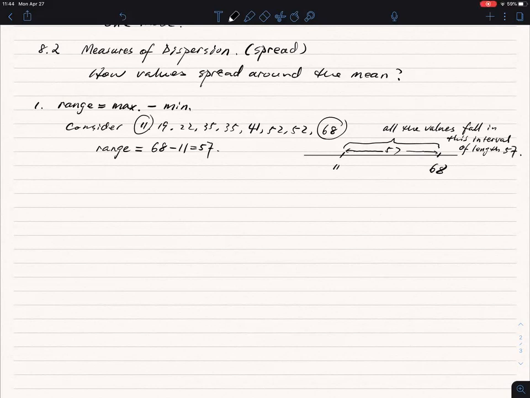So this gave us some idea about how those values spread, but the problem is it involves only the maximum and the minimum. It's a very vague picture, right? It's just like going to an art gallery and looking at a picture from very far away.